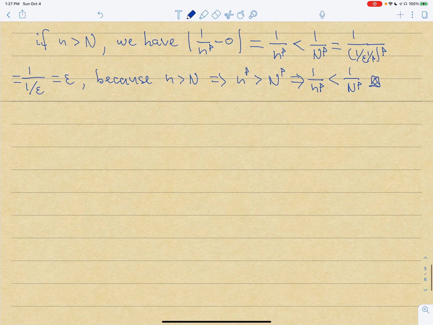Okay, number 2. Limit as n goes to infinity of a to the power n is equal to 0 if absolute value of a is less than 1.